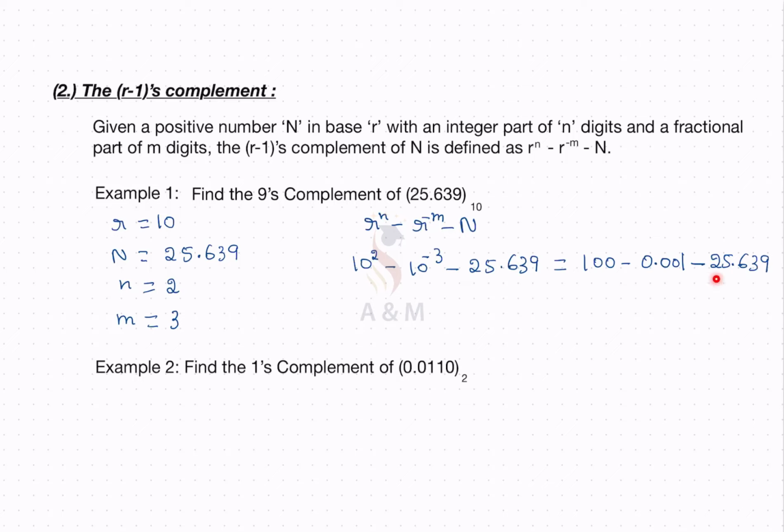That gives 99.999 minus 25.639. We get 74.360 as the answer.